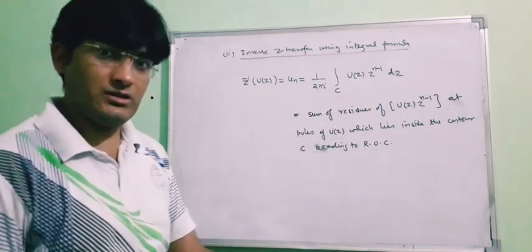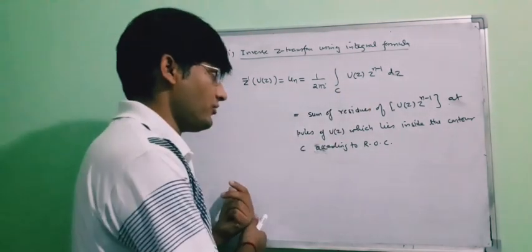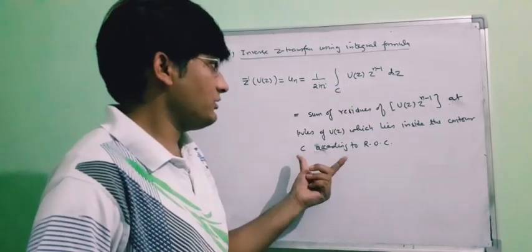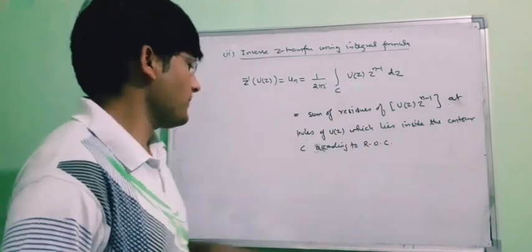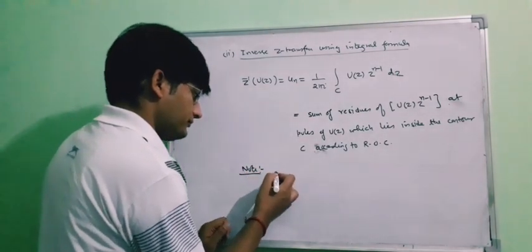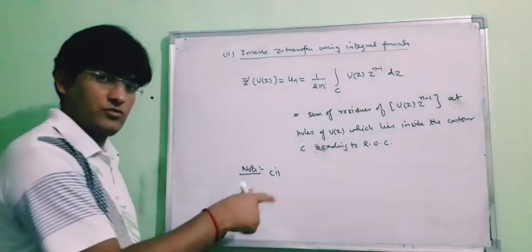Now if the pole is simple, then we will have a formula. If the pole is of order n, then we will use a different formula for residue. I am giving this formula for the residue.